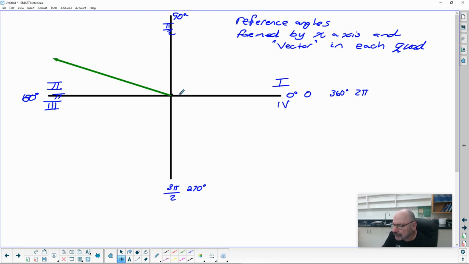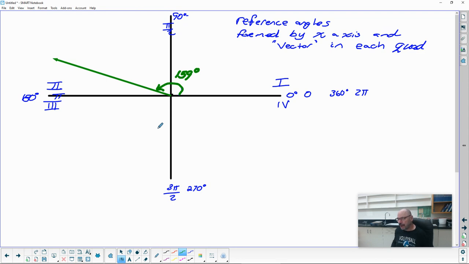Let's say that this angle here, in green, goes from 90 degrees and goes down there. Let's say that this is 159 degrees. So that's our standard angle, 159 degrees.